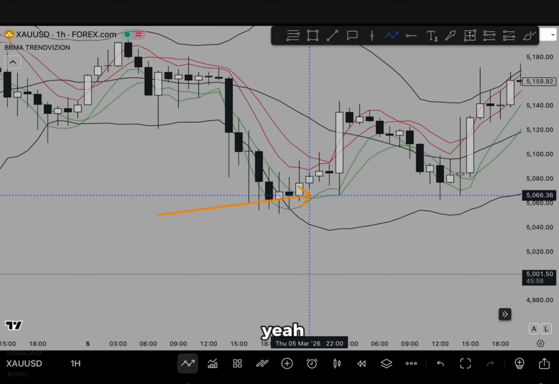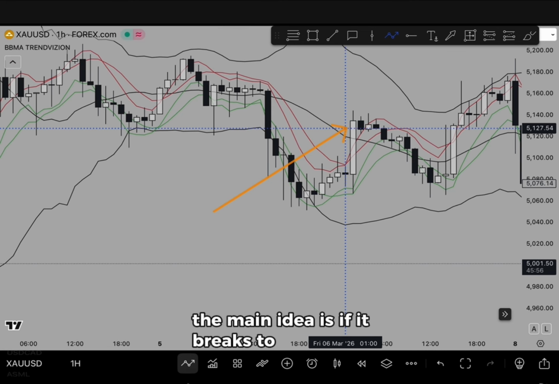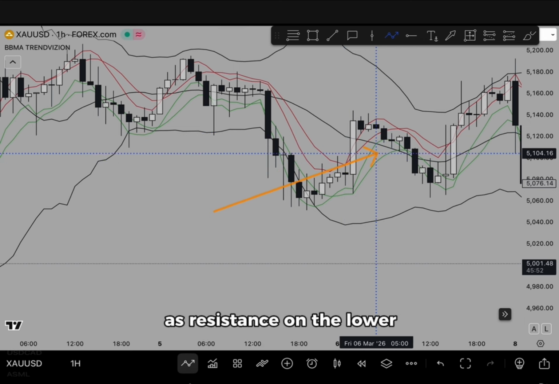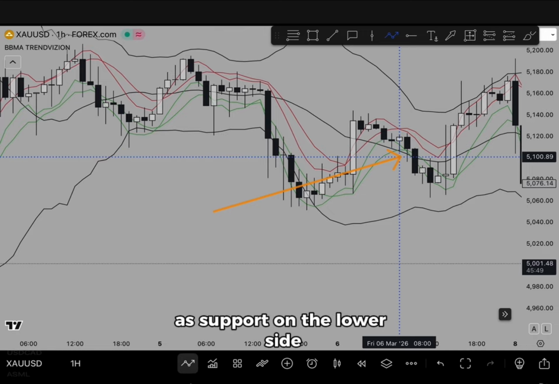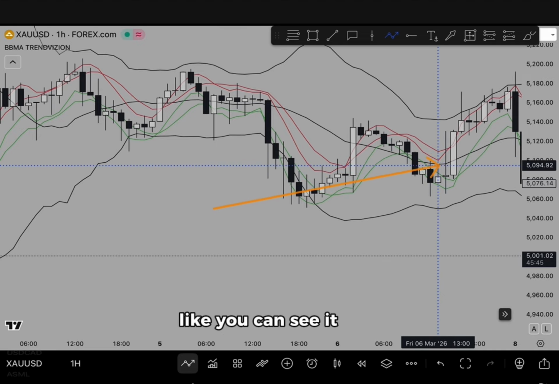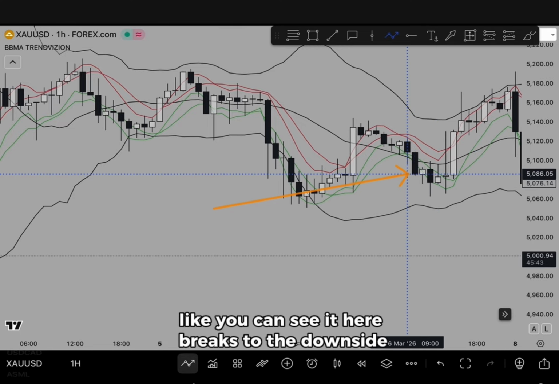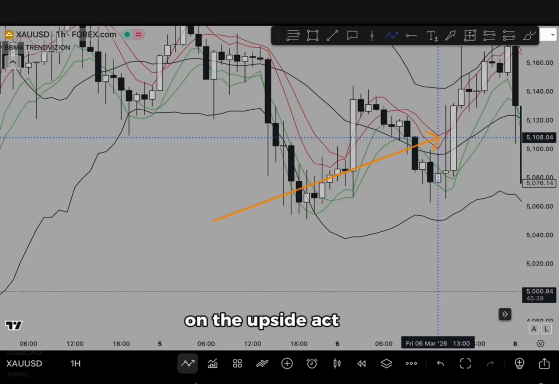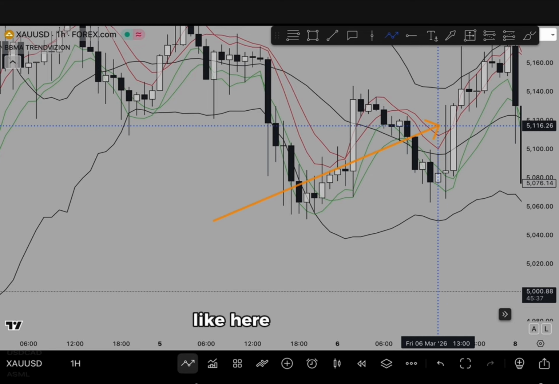The main idea is if it breaks to the upside, it should act as support on the lower side. And when it breaks to the downside, like you can see here, then the moving averages on the upside act like resistance, like here, where the candle rejected.